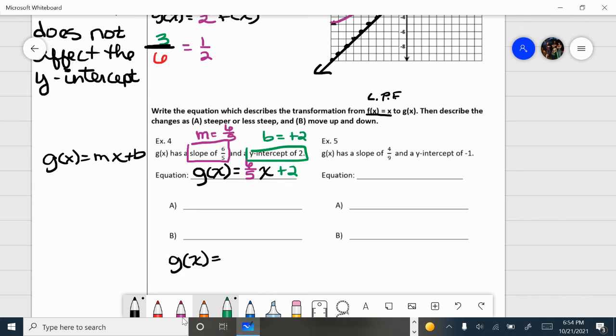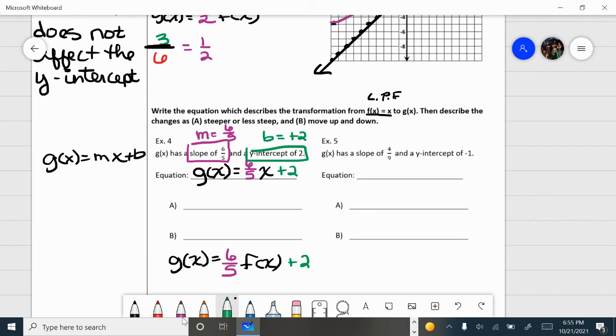We write it as g of x equals 6/5 times f of x plus 2. It's the same equation, because our f of x is just x. But we're just taking the new intercept and the new slope and putting those into the equation.